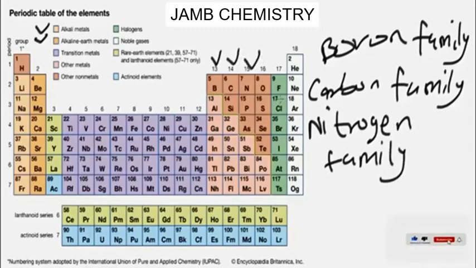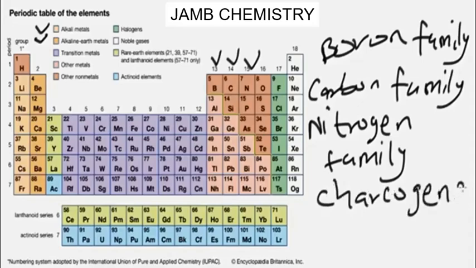Now, elements in group 6 are referred to as the chalcogens, so they can form chalcogenides. This is group 6. Elements in group 7 are referred to as the halogens.